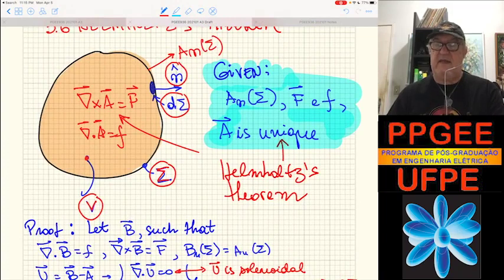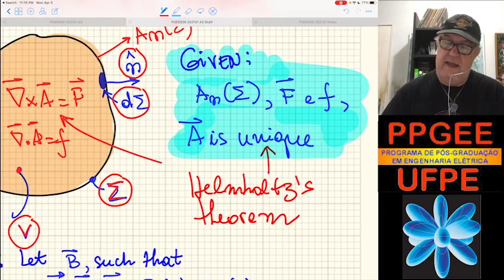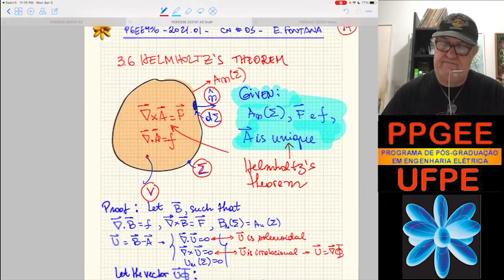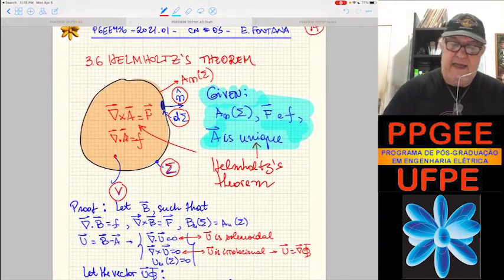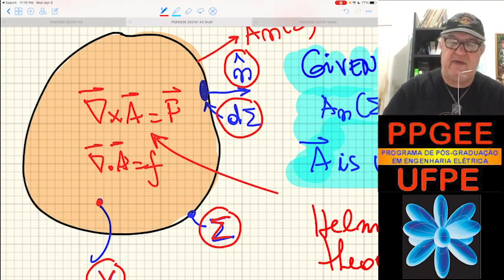What Helmholtz's theorem specifies is that, given specifications for a vector field, let's say the vector field equals A, okay?